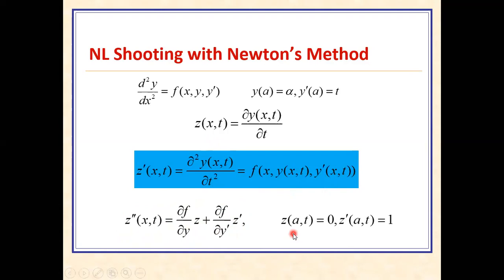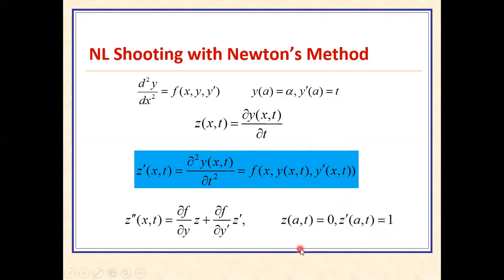We will solve this problem with the initial conditions z at a equal to 0 and z prime at a equal to 1. So this is important, and it is obvious from our general initial conditions y of a equal to alpha, so its derivative with respect to t would be 0, and y prime of a equal to t, so its derivative with respect to t would be equal to 1.